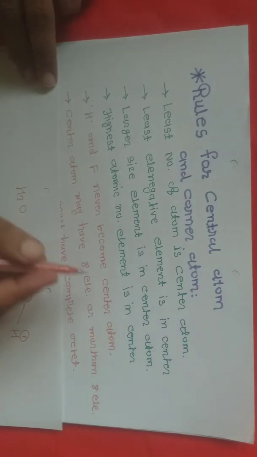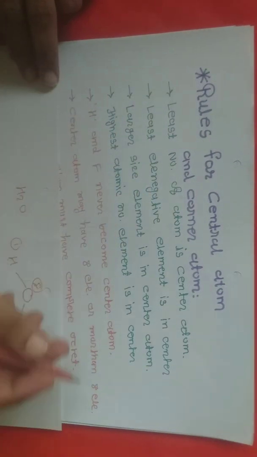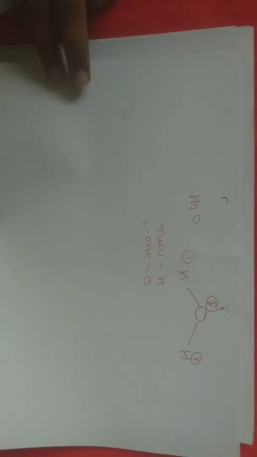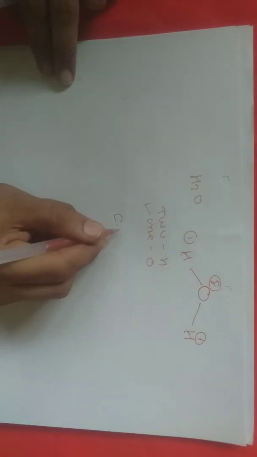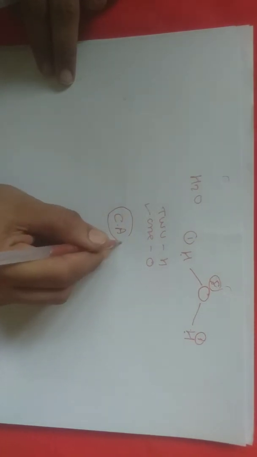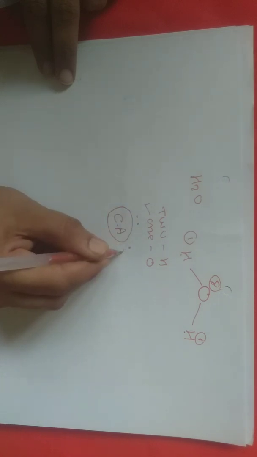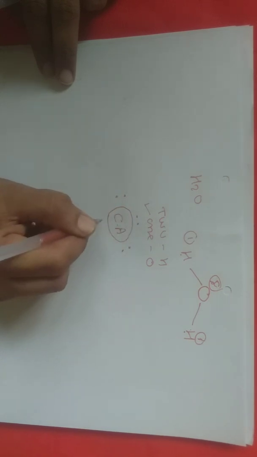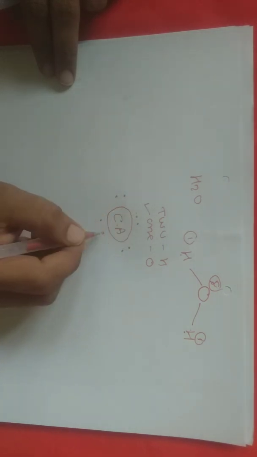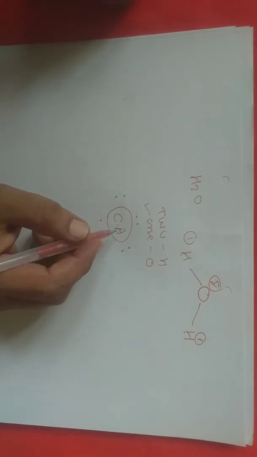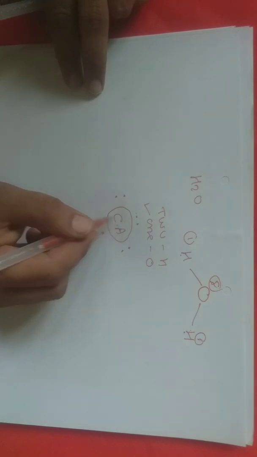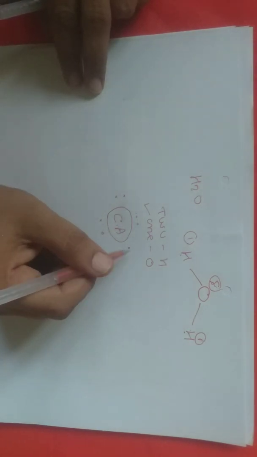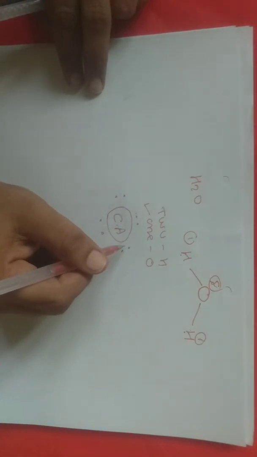Then the center atom may have 8 electrons or more than 8 electrons. Whenever you are maintaining the octet of the center atom, a minimum of 8 electrons is essential. 1, 2, 3, 4, 5, 6, 7, 8. The center atom must have a minimum of 8 electrons, but sometimes it may have more than 8 also.